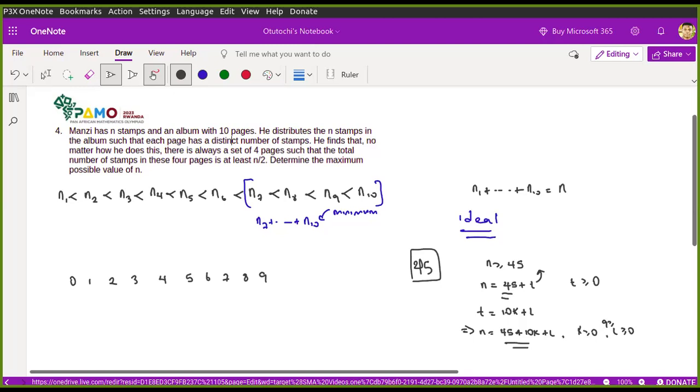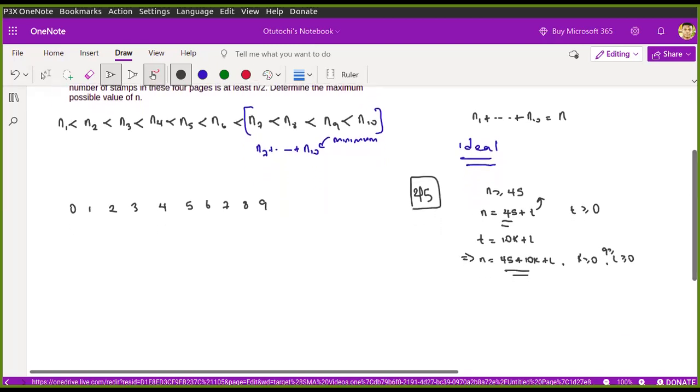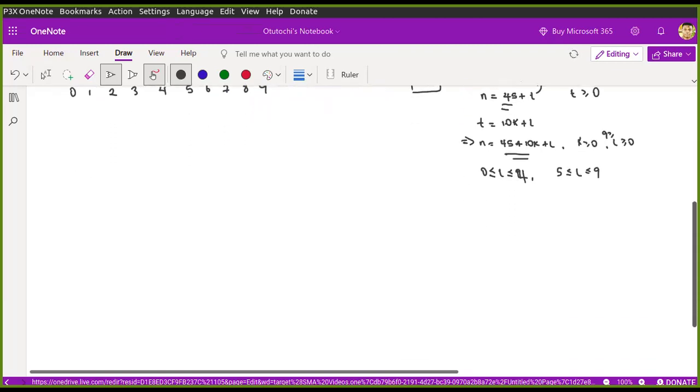So we are going to look at this in two cases. The first case is 0 less than or equal to L less than or equal to 4, and the second case is 5 less than or equal to L less than or equal to 9. So first, let's look at the first case.